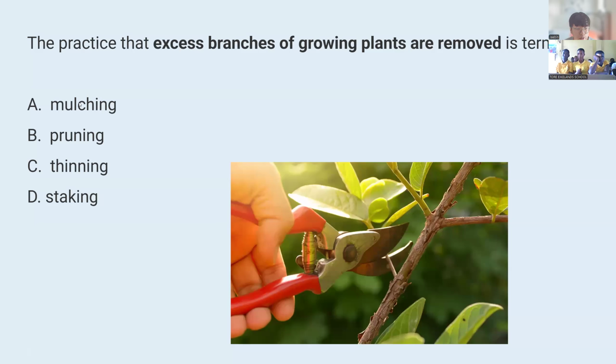Let's look at this question. The practice by which excess branches of growing plants are removed is termed what? B. If you said B, that's correct.